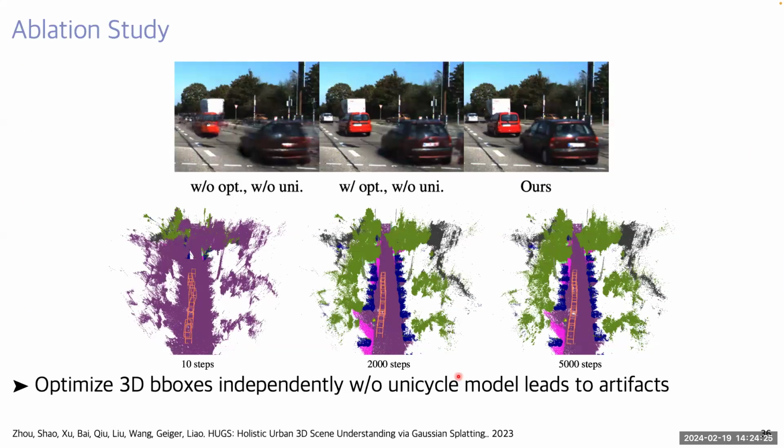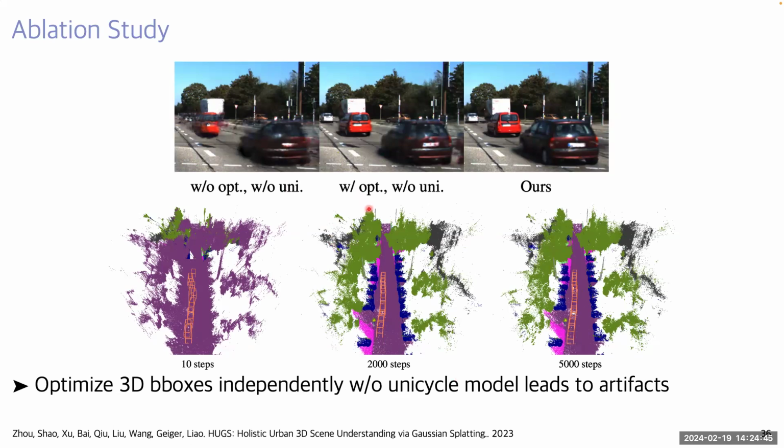And I'd like to show you some more ablation studies to give you a bit more insight about the unicycle model. For example, here we show that without any optimization or without the unicycle regularization, of course the reconstructed dynamic objects will not be reasonable.